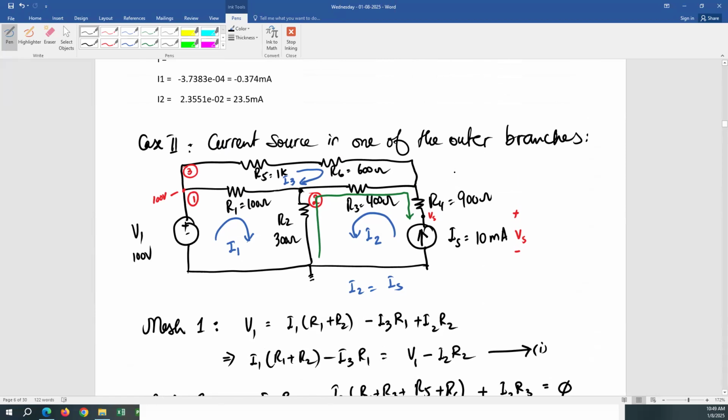Am I going to gain the voltage, or will the voltage be dropped? I'm going to gain the voltage, because I3 and I2, which are flowing through R3, are going in this direction. So the voltage here is higher and the voltage here is lower. So that's going to be I3 plus I2 times R3.